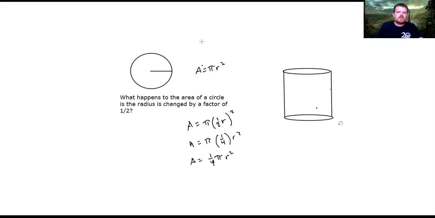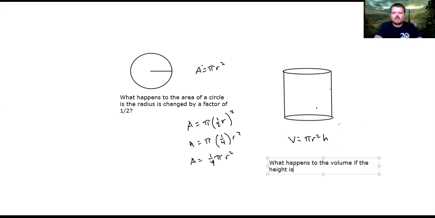And your volume formula here for your cylinder is going to be pi r squared h. And like I said earlier, it doesn't matter if it's a two-dimensional shape or a three-dimensional shape, the idea is the same. So if I change the height, let's say the height is changed by a factor of 5, what happens to the volume?